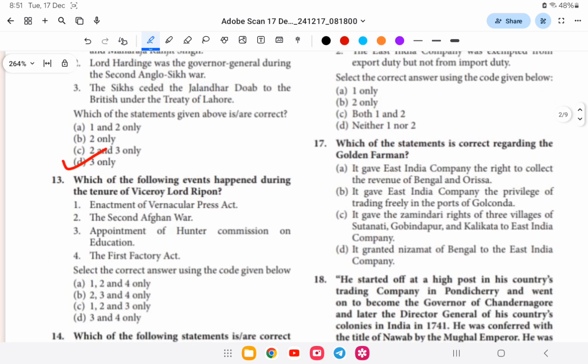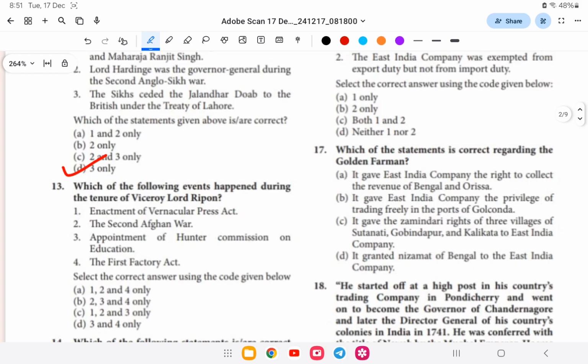Next, question number 13. Which of the following events happened during the tenure of Lord Ripon? Enactment of the Vernacular Press Act.